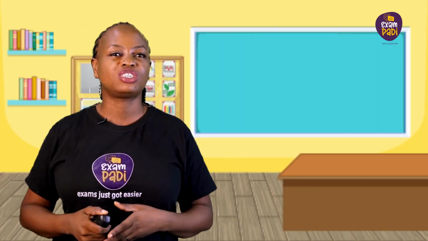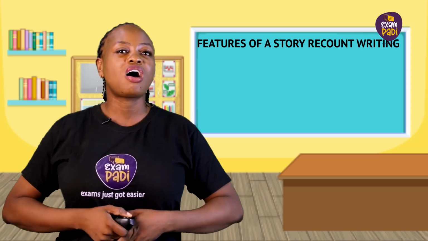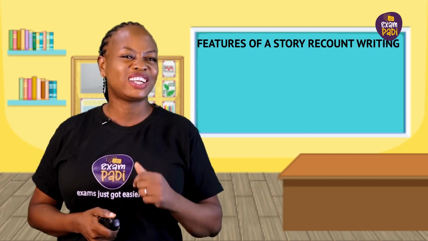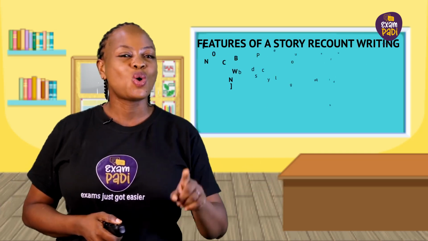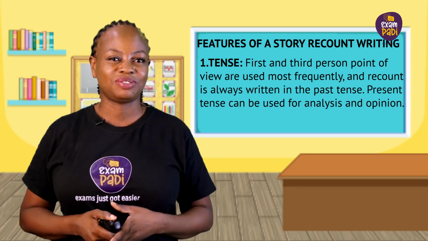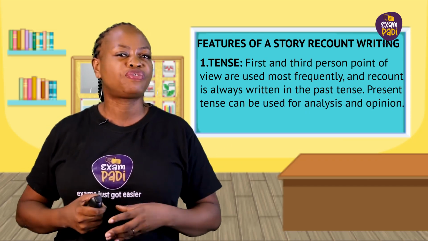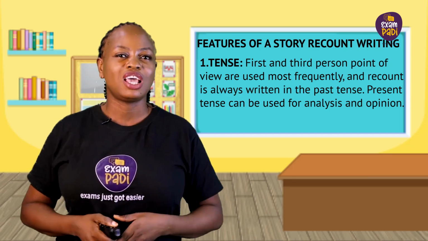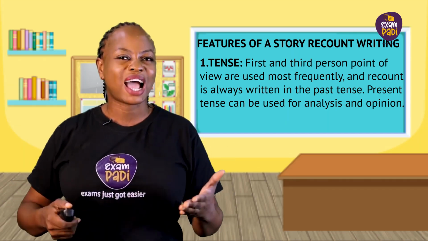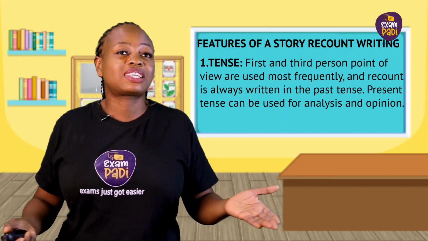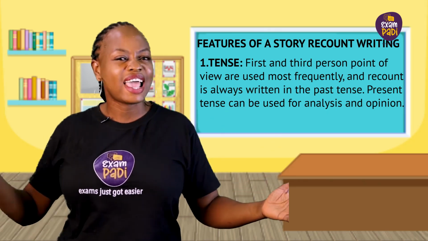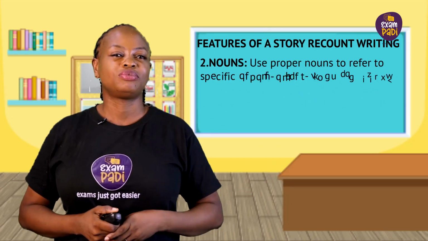Let's look at the features of recount writing. In writing a story recount, here are a few features you might want to include in your work. 1. The tense. First and third person points of view are used most frequently, and recount is always written in the past tense. Present tense can be used for analysis and opinion. 2.